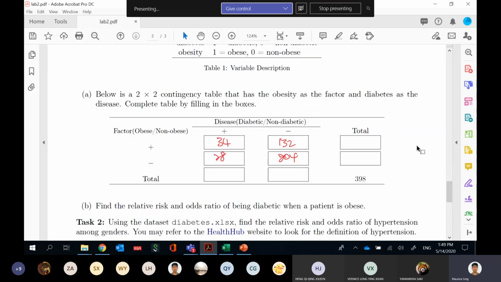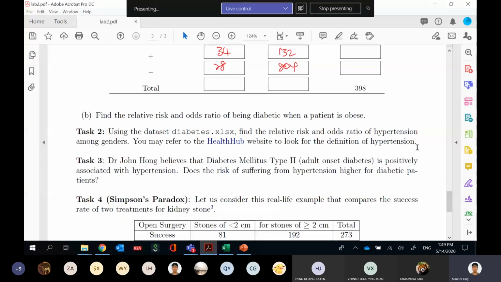Okay. Then you can calculate the risk ratio and relative risk. Risk ratio is also relative risk or the odds ratio. Okay.